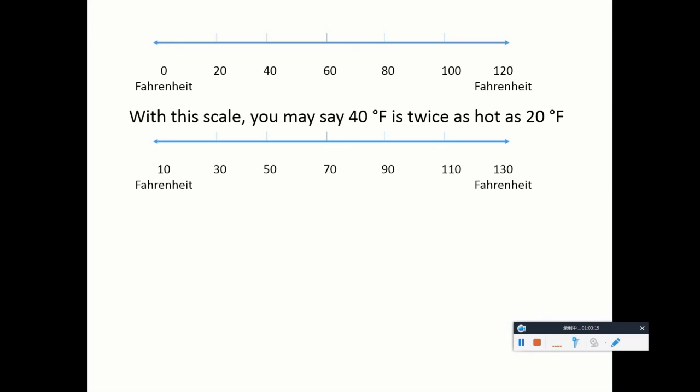We can easily define this low temperature as 10 instead of 0. But if we do that, if we add 10 to 0, and as we saw before, we need to add 10 to each and every following value. So 20 became 30, 40 became 50, all the way to 120 became 130.